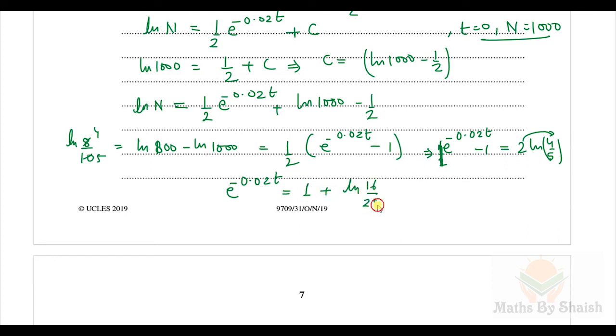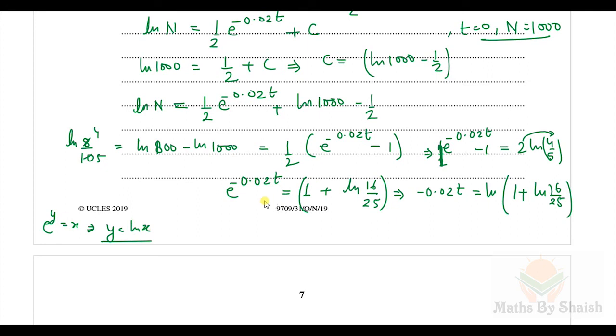So now we'll use the definition of this. Taking e raised to the power, hence we get minus 0.02 t is equal to ln of 1 plus ln 16 over 25. This is the basic definition of the ln: e raised to the power y is equal to x means y is equal to ln x. This is what I have applied here.